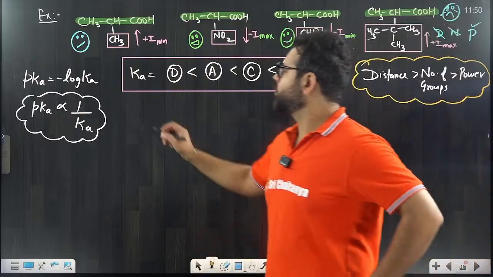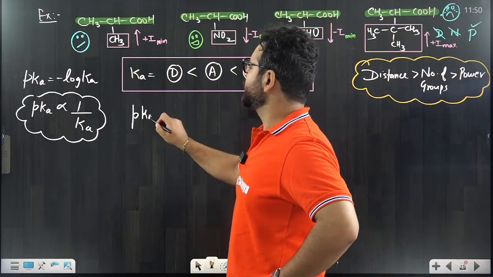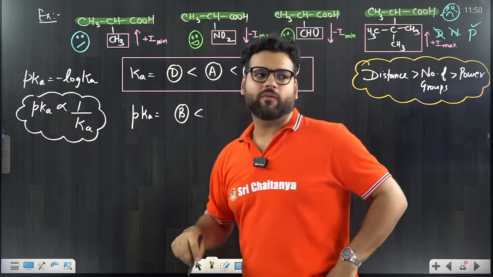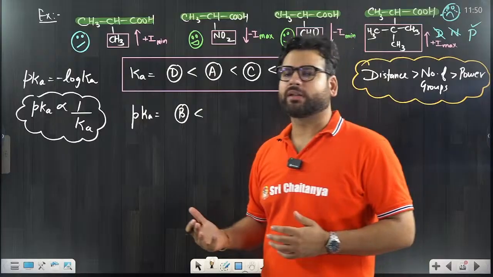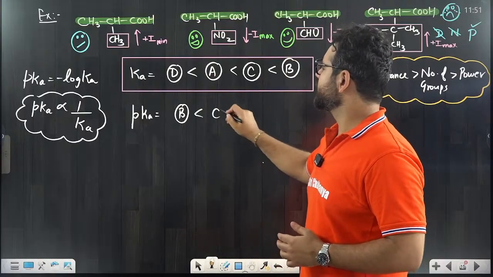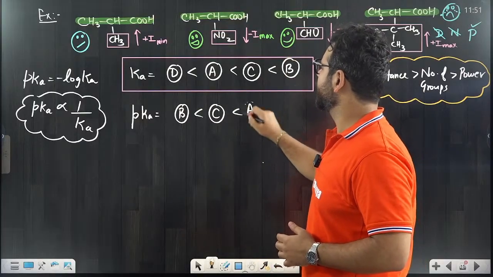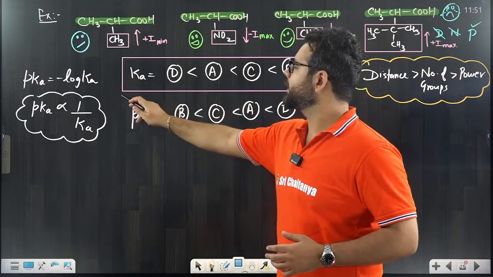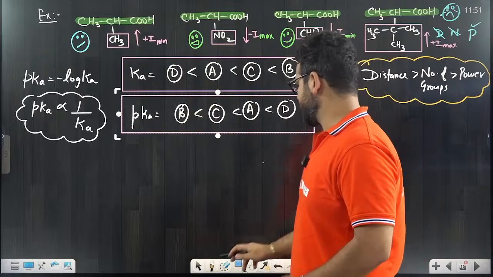So if they ask you the order of pKa in this case, you will give the opposite answer. You will say B has the least pKa. Least pKa means very strong acid. Then C, then A, and then D will have the highest pKa. Higher the pKa, lesser the acidic strength.